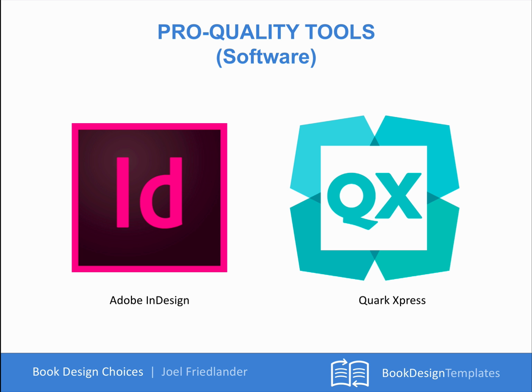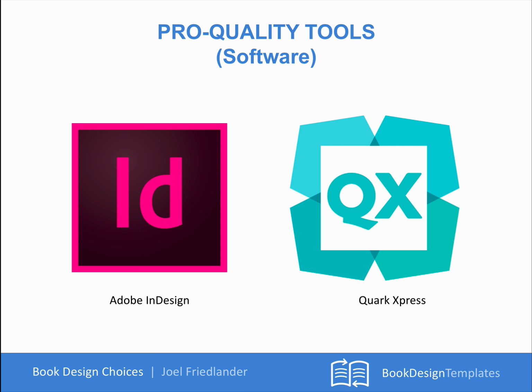Then you need a professional quality tool. And by that I mean actual graphic design software. And the two most commonly used in the publishing business are Adobe InDesign, which I think is used by vastly more people, and we also have Quark Express, an older program that is still used by lots of people. They're both very capable.